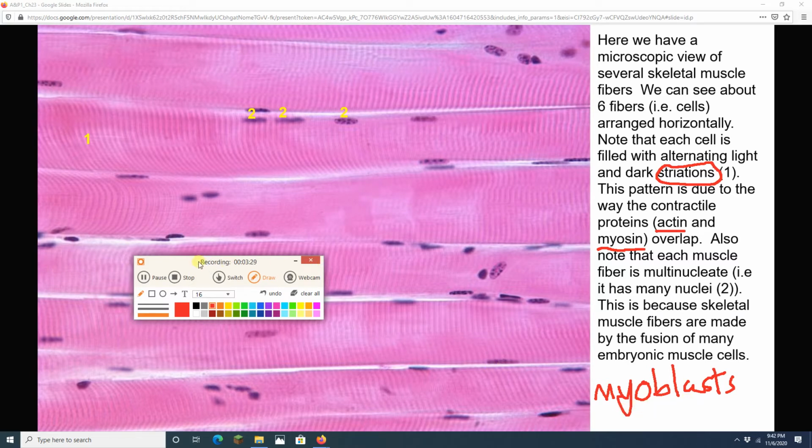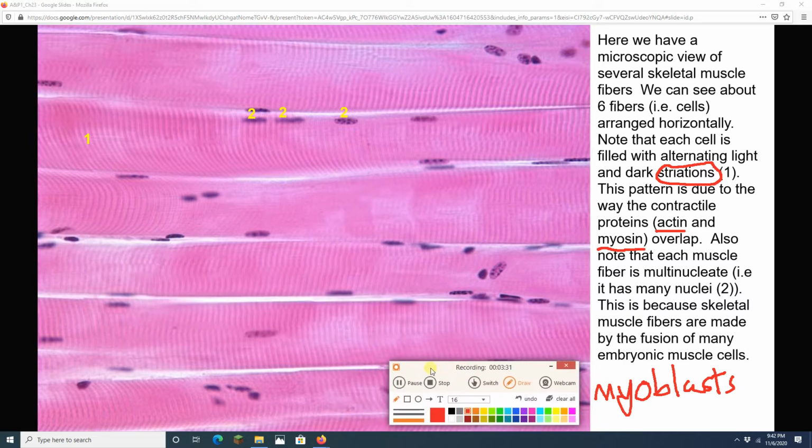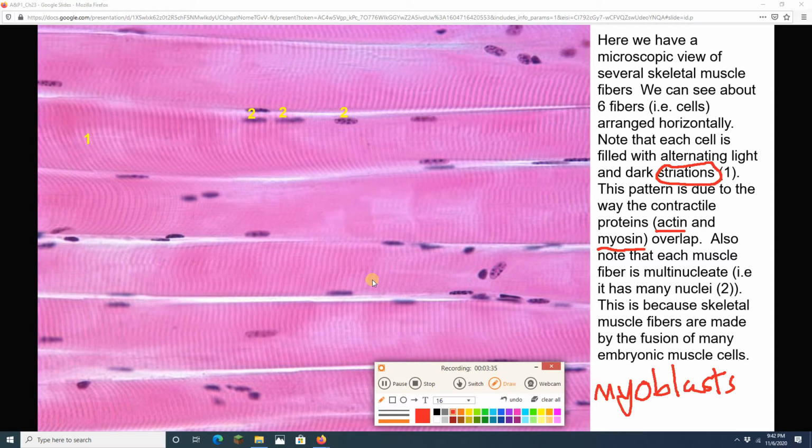And these embryonic muscle cells fuse together to give us these adult muscle cells. And this fusion accounts for 2 things that we've noticed already. We said muscle cells are really long and skinny. Well, their length is a consequence of that fusion. Also, the fact that they're multinucleate is a consequence of that fusion.